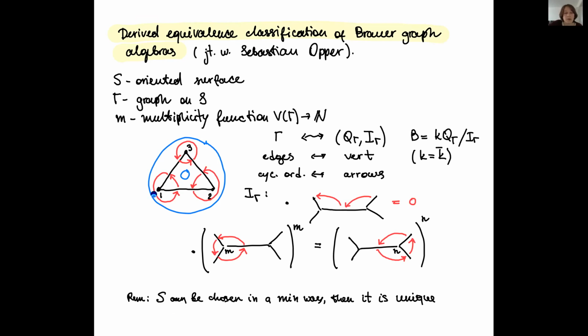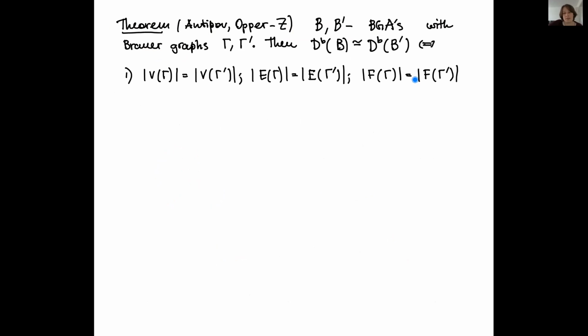When we cut the surface into these annuli, we can consider the faces of the graph gamma. We can also consider the perimeter of a face, so the number of edges we go along to cut out this annulus.